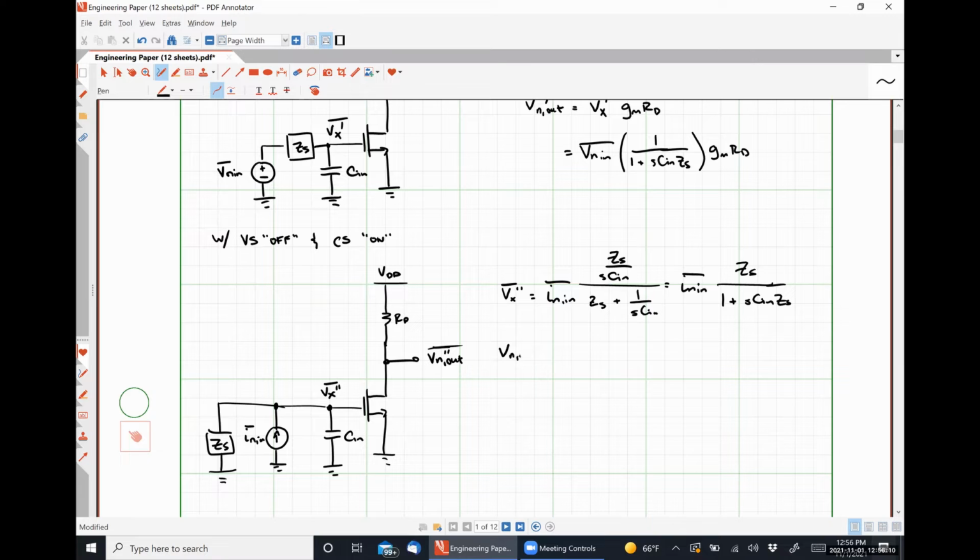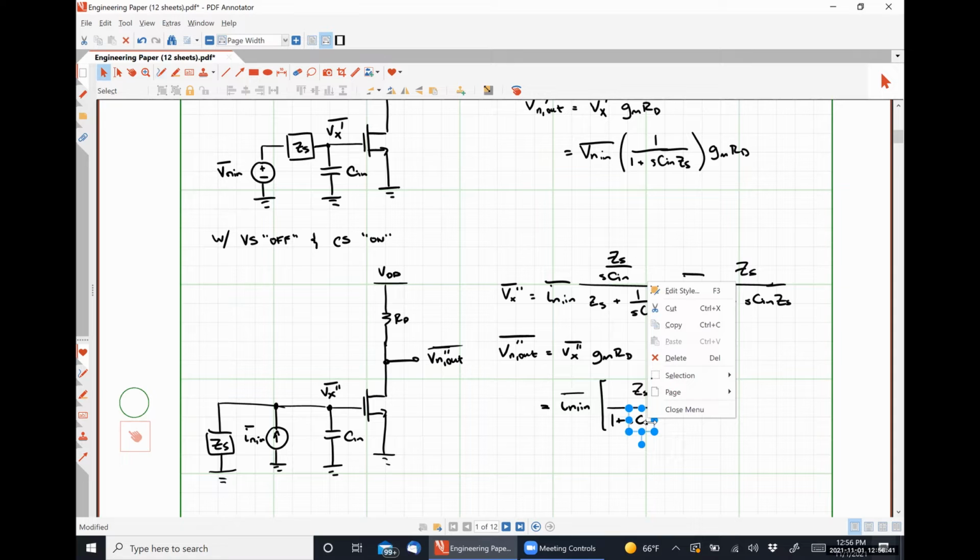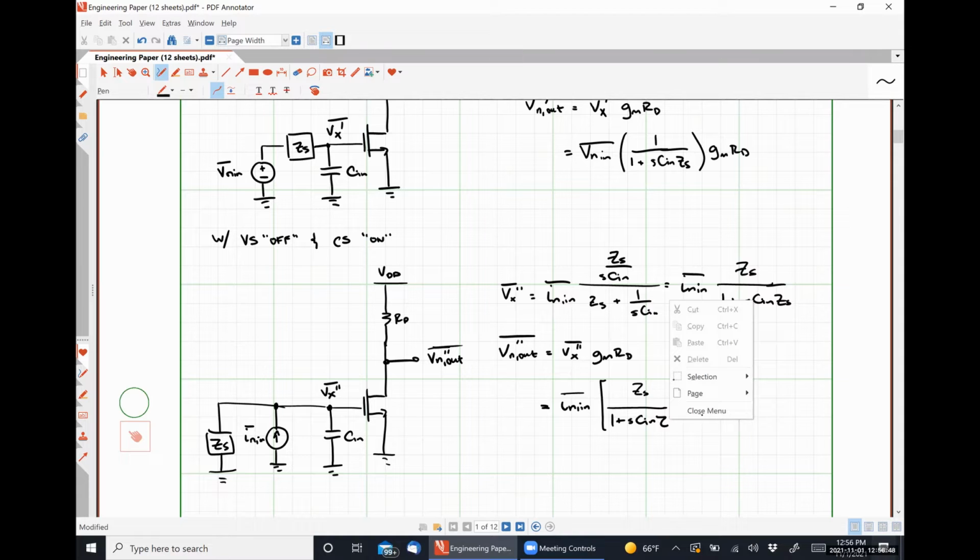And from this then, Vn out double prime is just Vx double prime multiplied by the gain, GMRD, which looks like IN multiplied by ZS divided by 1 plus SCN ZS multiplied by GMRD.